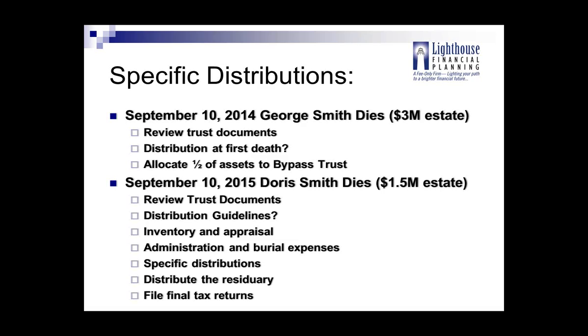Additionally, perhaps one of the young children is a special needs child. So we need to check to see whether the inheritance may disqualify them from governmental benefits such as Social Security insurance or Medi-Cal. If they're receiving substantial benefits from the government, perhaps it makes sense to disclaim their share and have the other beneficiaries set up a special needs trust for that individual, if it hasn't already been done at that time.